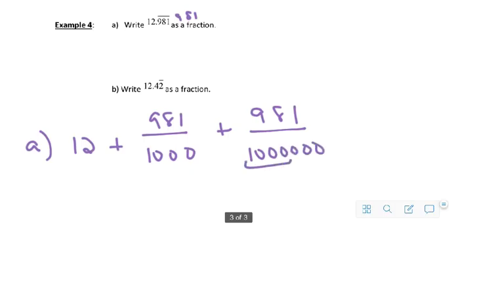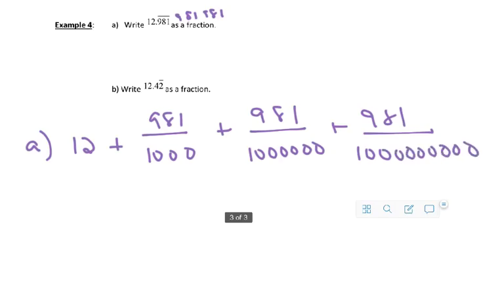I started with the 1,000 and then I tacked on 3 more zeros. And then the next 981 after that will be the previous term plus another 3 zeros. Ignoring the 12 for now, we'll tack it back on in a little bit.